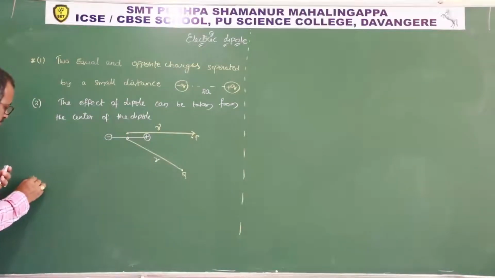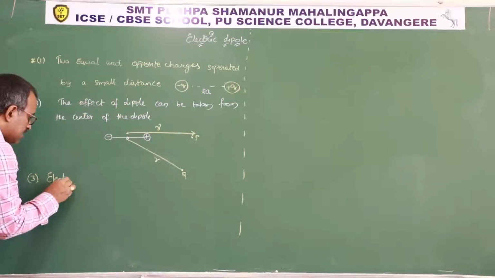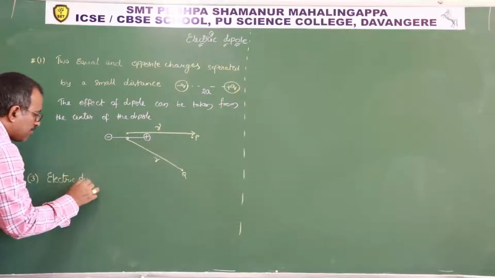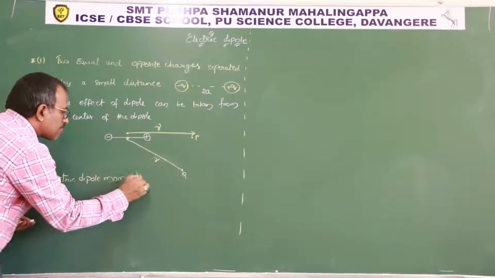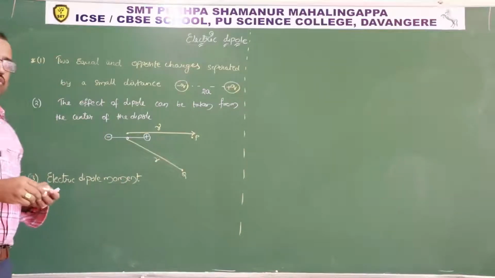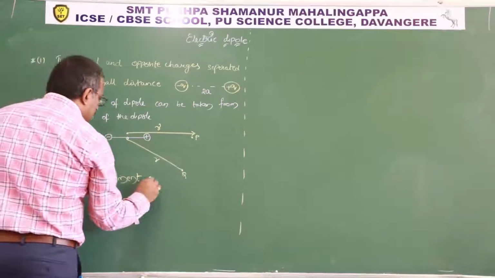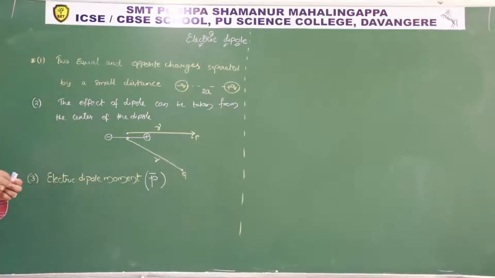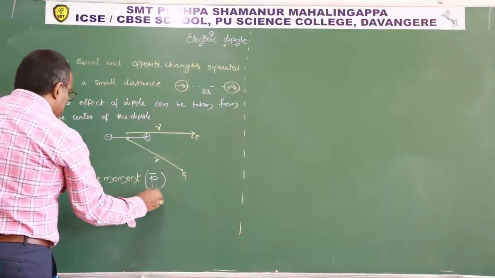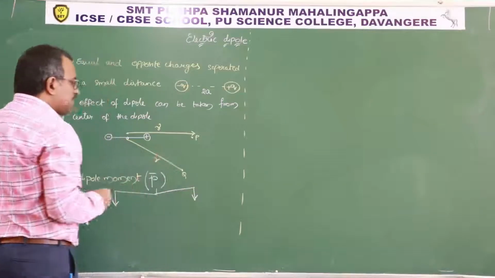Point number 3. Vector, call it the electric dipole moment, represented by P bar, which has both magnitude and direction, because it's a vector.